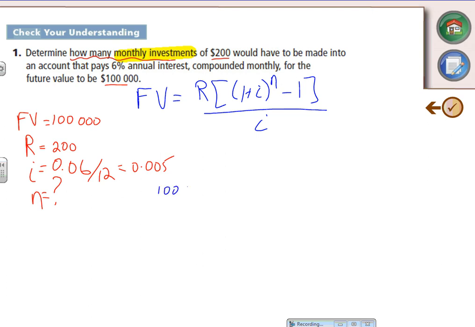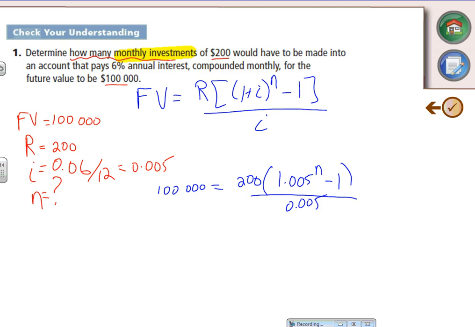So 100,000 equals 200 times 1.005 to the n minus 1 over our I, which is 0.005.